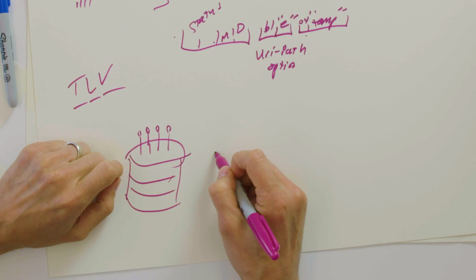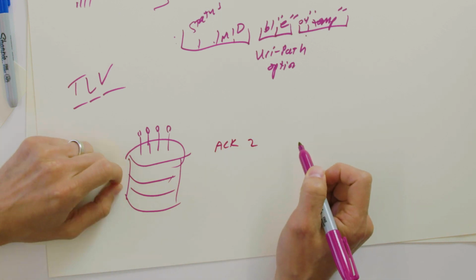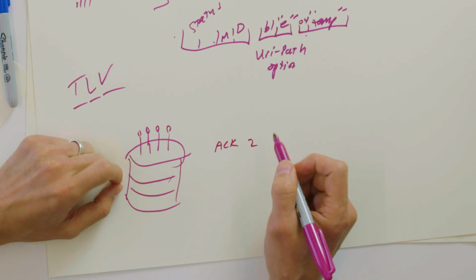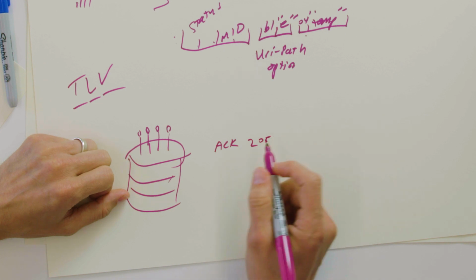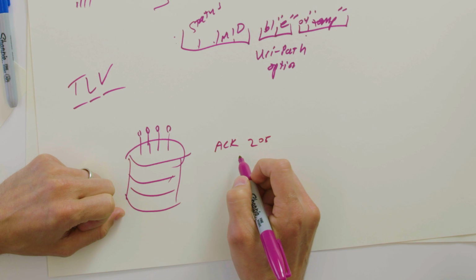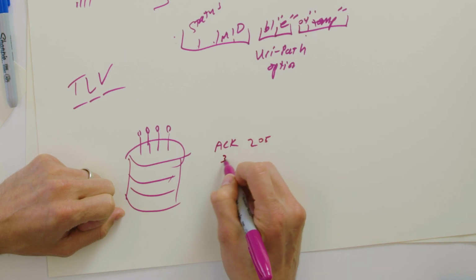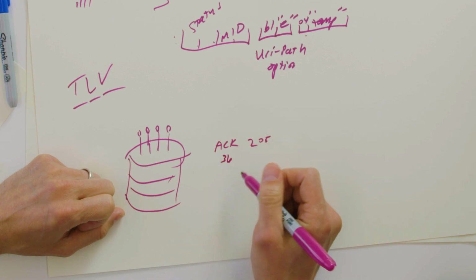I might even be able to remember, it was an acknowledgement response of some 200 code. It was a successful change. I don't know if that's 205 or whatever. The message ID was 36, which is how old I was at the time.